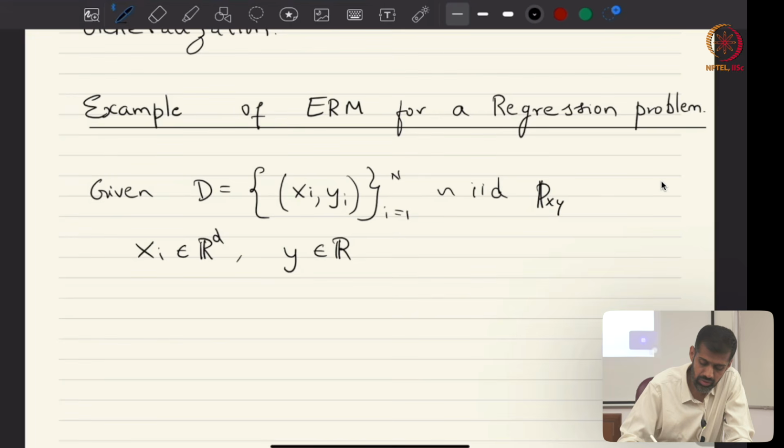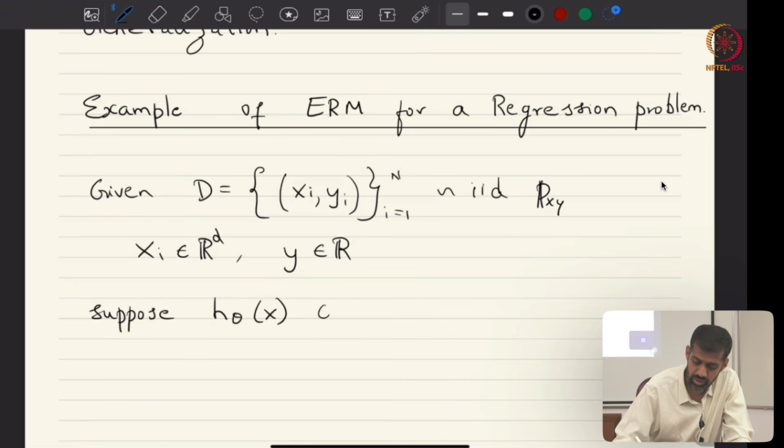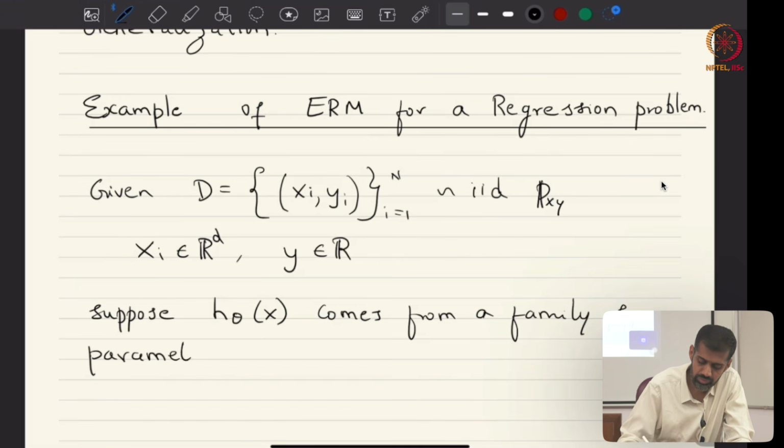Now suppose h theta of x comes from a family of parametric functions, parameterized by theta.